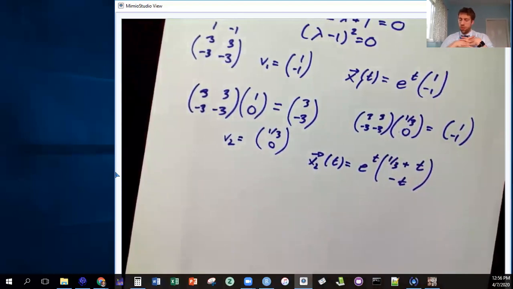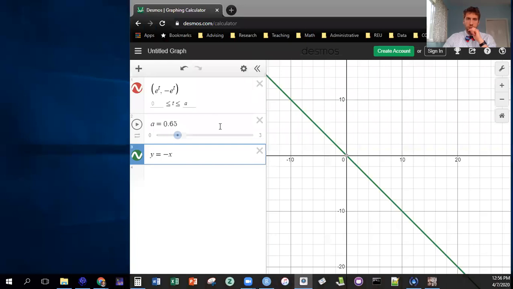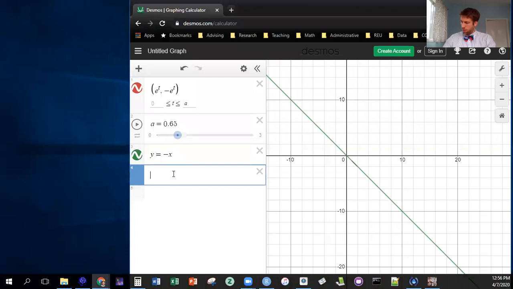Sketch several solution curves for the system. Okay, let's see if we can go to Desmos and sketch a few solution curves. We could also do this in Sage. So here, I've got something to the effect of e to the t times (1/3 plus t), and then negative t e to the t.